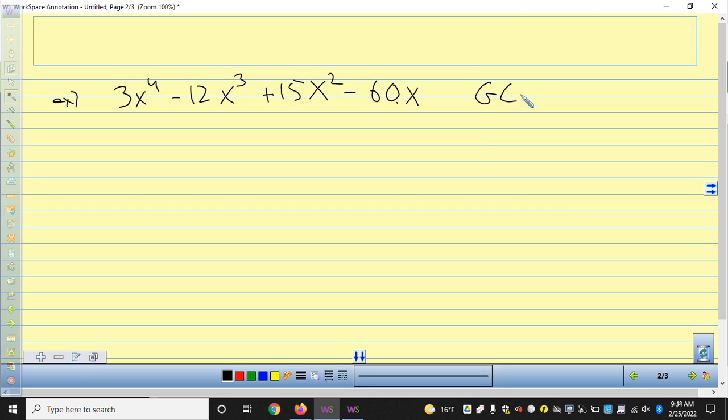This one we need to be careful: is there a lowest power of x that all of these have? Each of them has an x, right? Because this has an x, this has x times x, x times x times x. So the lowest power of x is x. So we have a greatest common factor of 3x for this one.